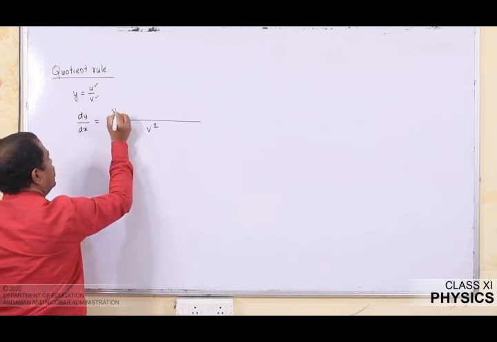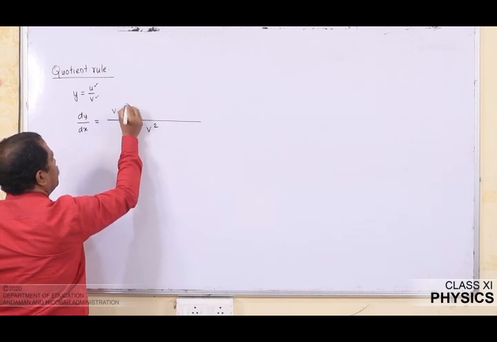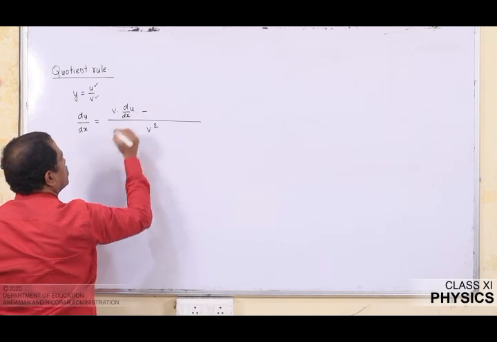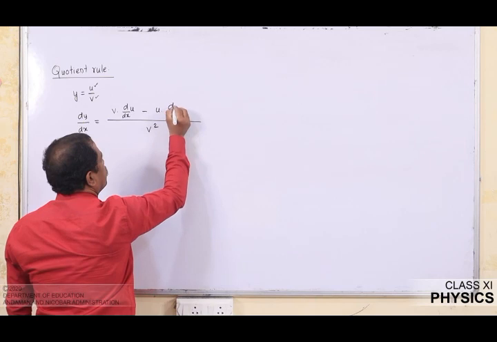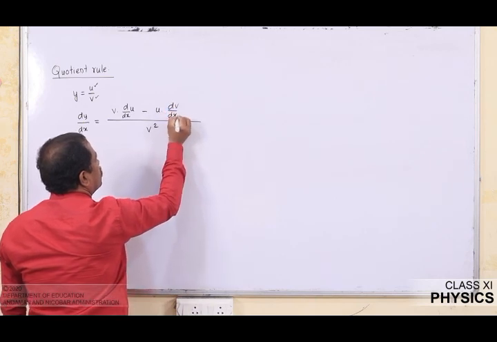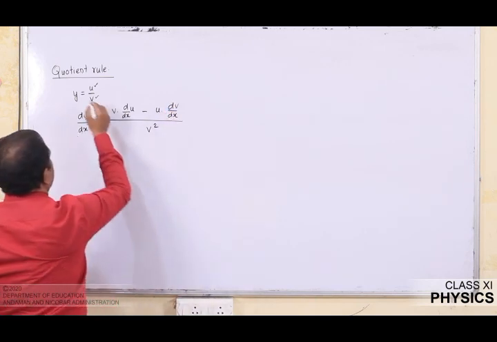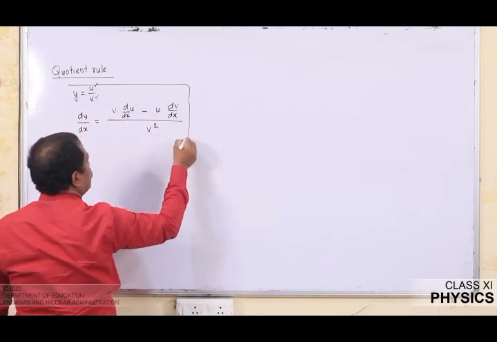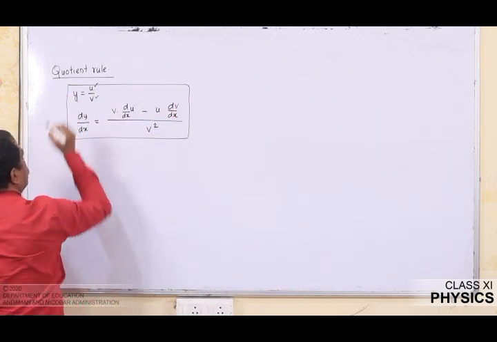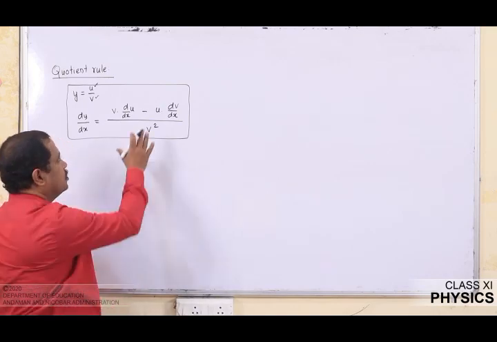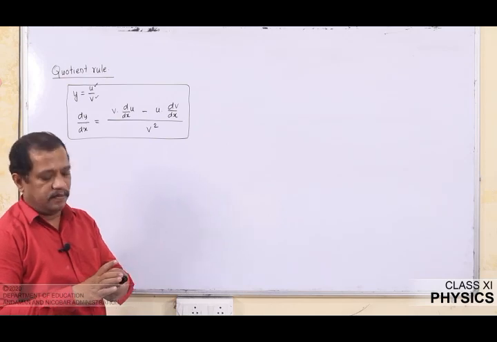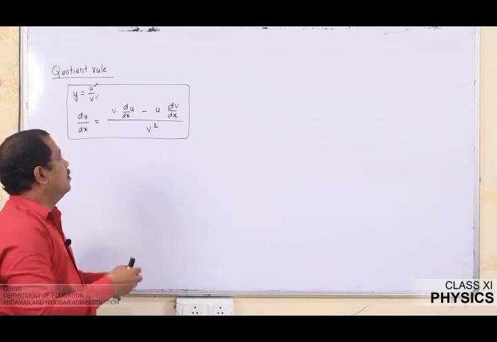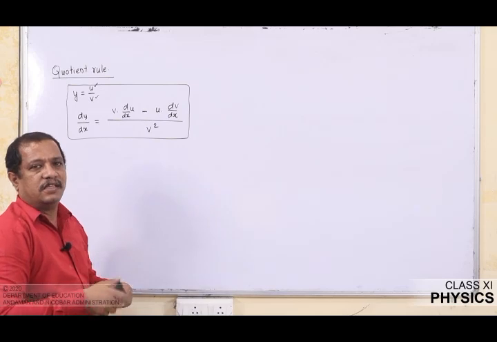So, denominator into differentiation of numerator minus numerator times differentiation of denominator. So, this is the formula that we are going to use for differentiating two functions in quotient form. How we got this formula is a part of mathematics that you will study in class 12th. We are just using the formula, so we shall see how to use it.